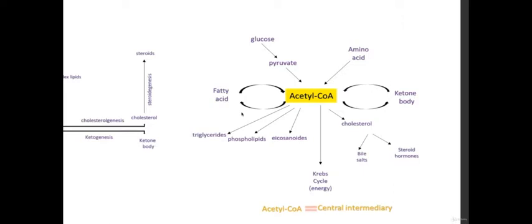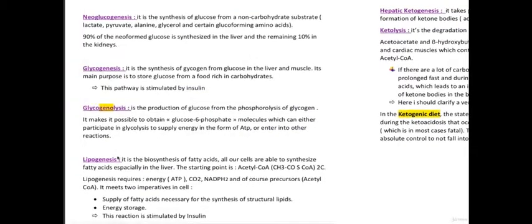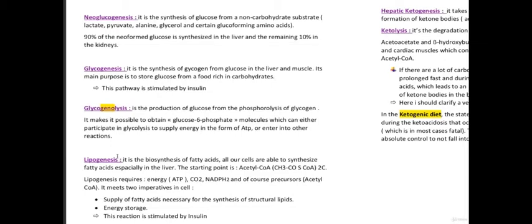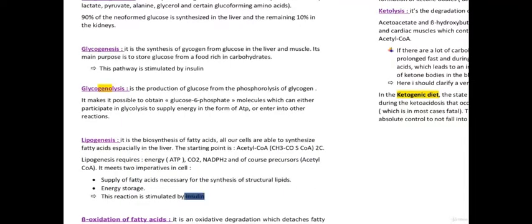From acetyl-CoA we can form cholesterol, triglycerides, phospholipids, eicosanoids, and energy via the Krebs cycle. Lipogenesis provides the energy necessary for fatty acids, for the synthesis of structural lipids and energy storage. This reaction is stimulated as well by insulin.